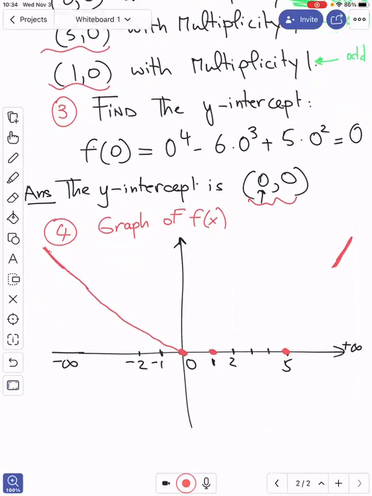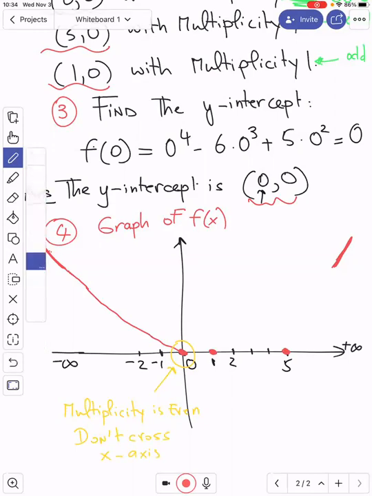So here, at this point, the multiplicity is even. Okay, so we don't cross the x-axis. So what I'm gonna do, I'm gonna just touch the 0, and then I'm gonna just turn around like this.